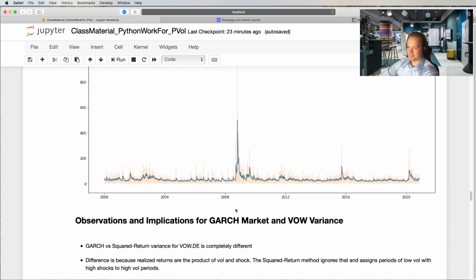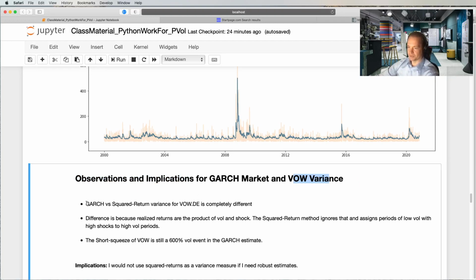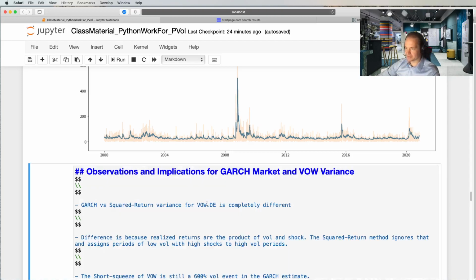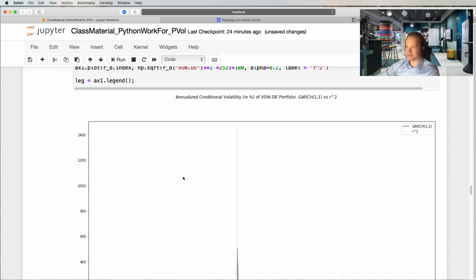Okay. Now let's make a bit of summary here. Observations and implications for GARCH market and for the Volkswagen variance. So what have we learned so far? We saw that the GARCH versus the squared return variant for Volkswagen is, I put it in quotes, completely different. 7% means completely different in terms of correlation.